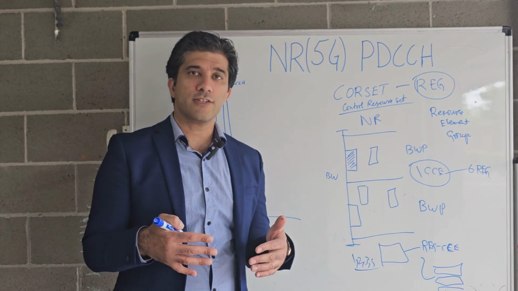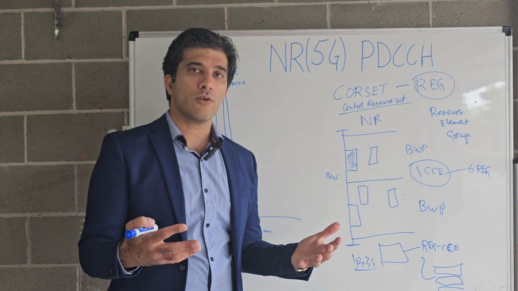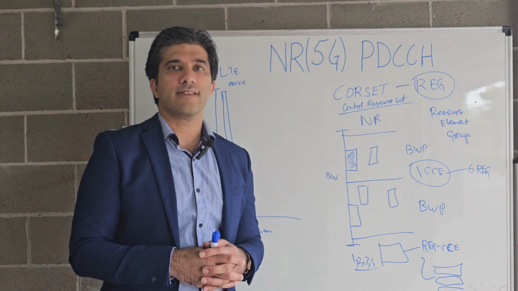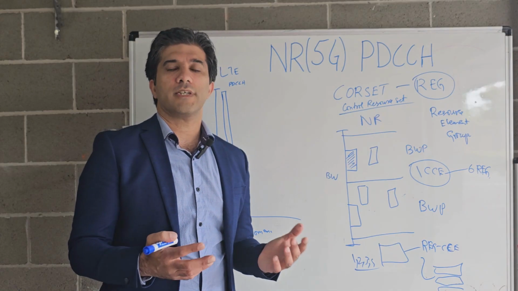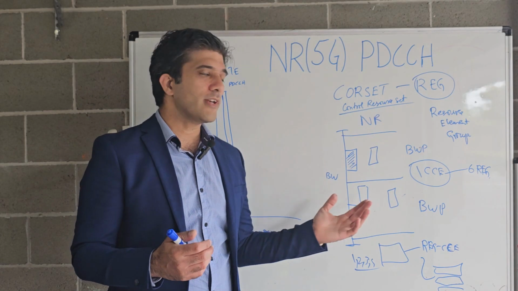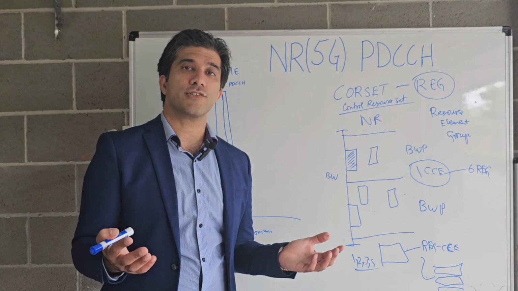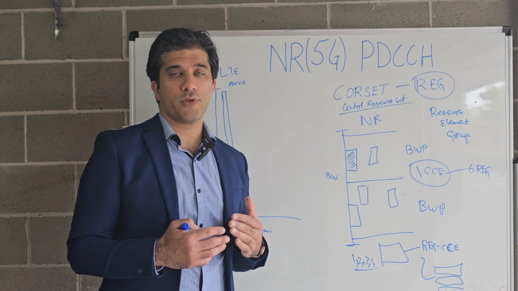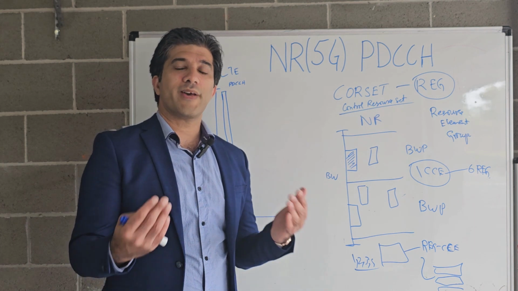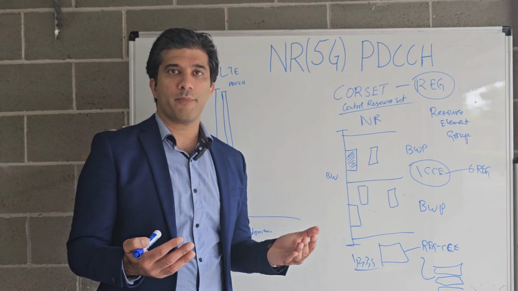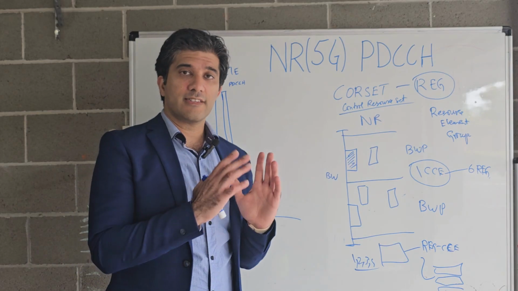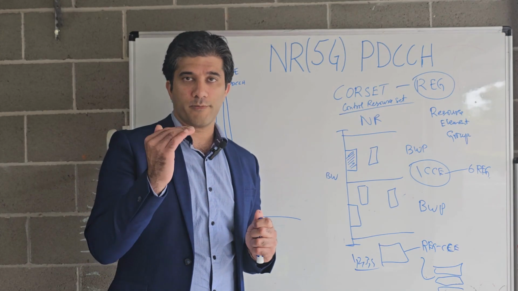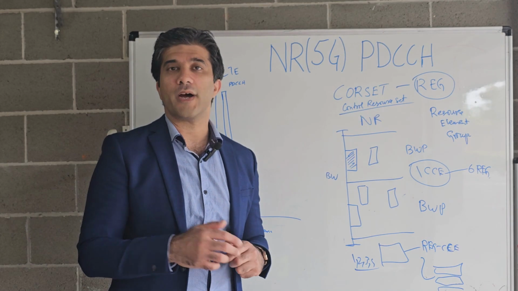This fits into why we try to use NR instead of LTE: in highly congested areas, it's better to use an NR solution, which will give you better PDCCH performance and correspondingly a better usage of your spectrum. This goes back to the point that NR has better spectral efficiency than LTE, and this part of the air interface also gives us better performance in the control signaling part.